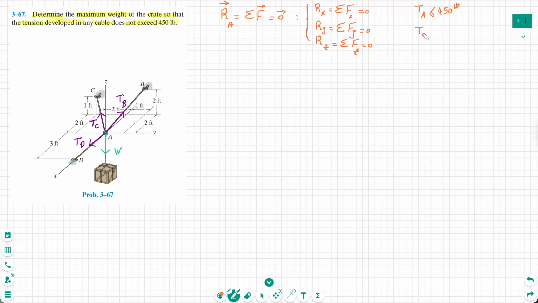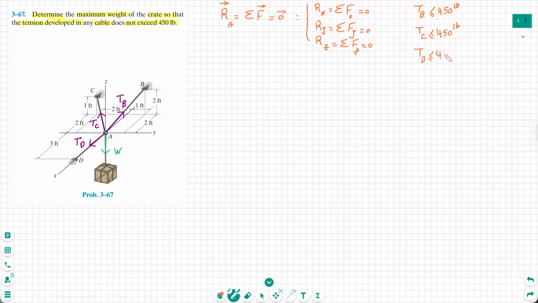Also, for TB less than 450, and then TC, and then TD must be less than 450 pounds. Okay, I have to consider this.